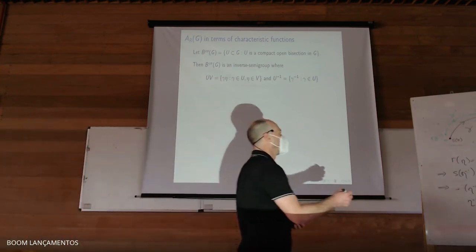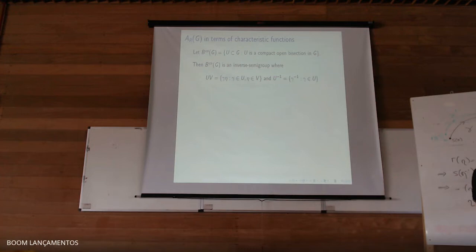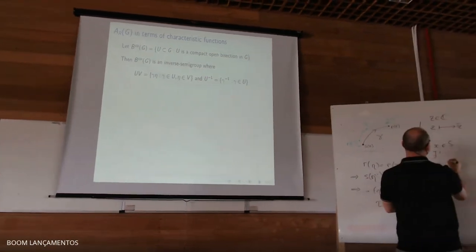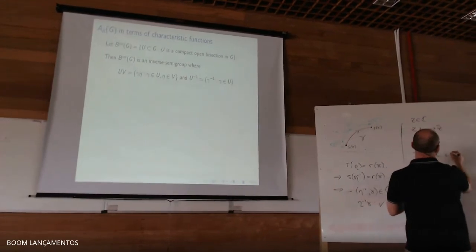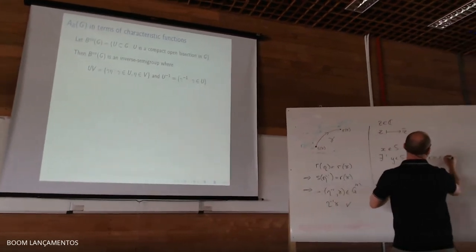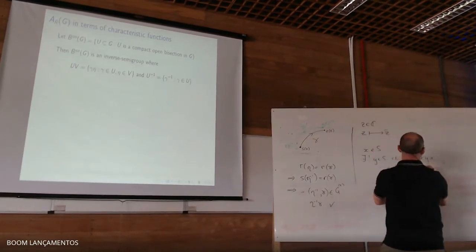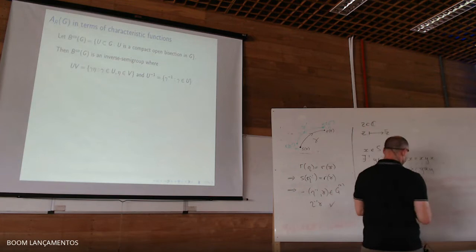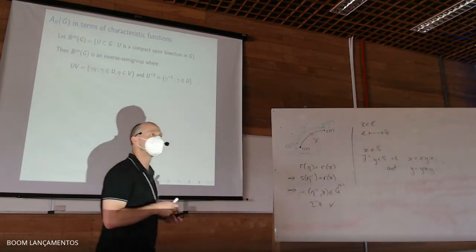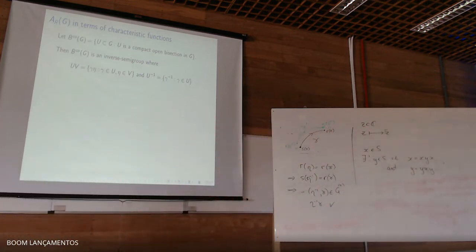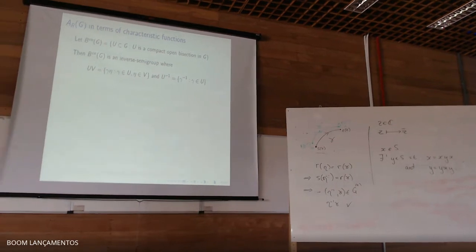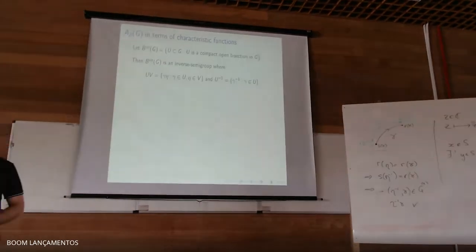So if you have x in the semigroup, then there exists some unique y such that x equals xyx and y equals yxy. This may look familiar from some of the stuff that Leah did this morning as well, right? So in other words, this collection of compact open bisections actually forms an inverse semigroup.